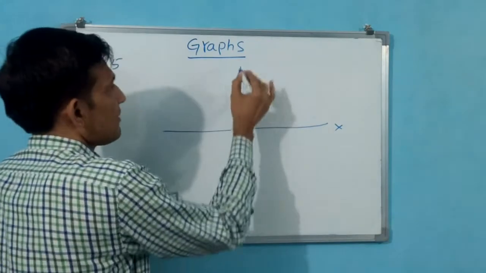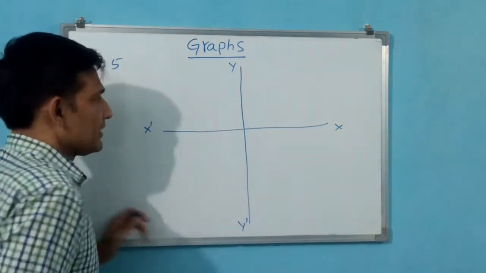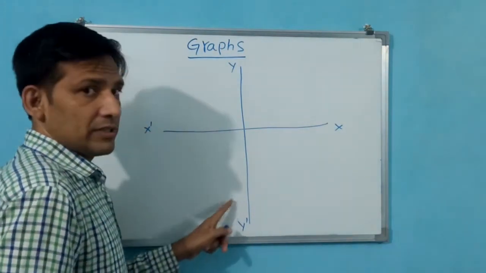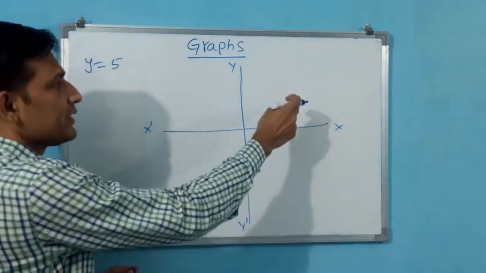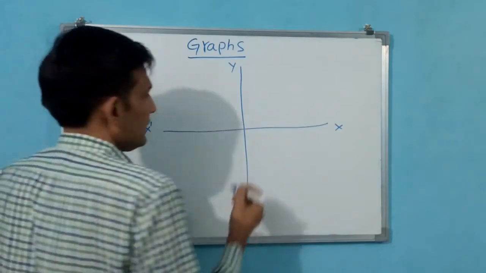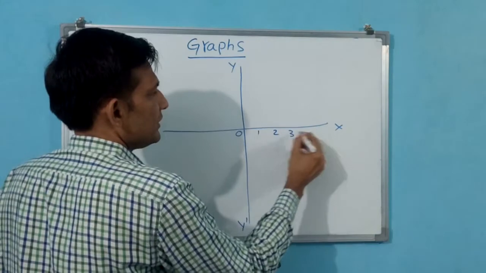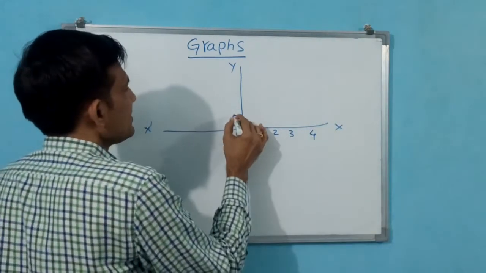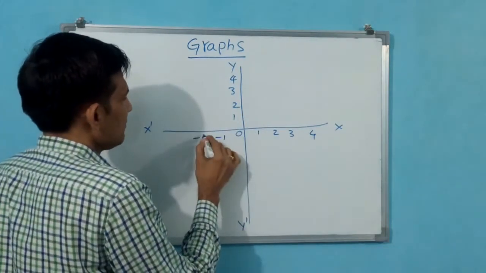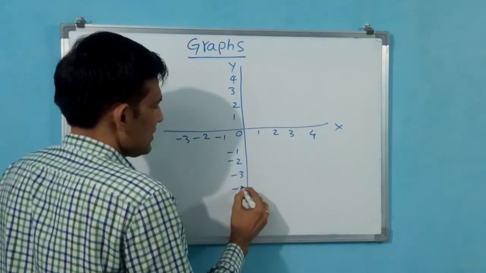You call them x, y, x dash, y dash. In the x dash area, all negative values will come. In the y dash area, all negative values will come. The first quadrant is all positive. Then in the others, a mix will be there. Origin 0, then 1, 2, 3, 4, and minus 1, minus 2, minus 3, minus 4 on each axis.